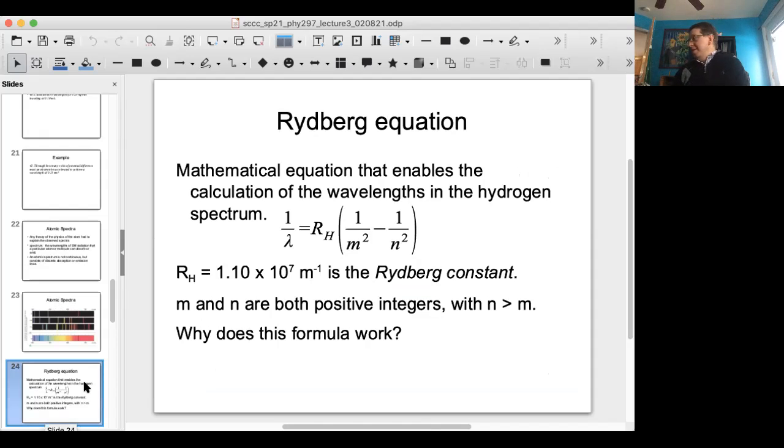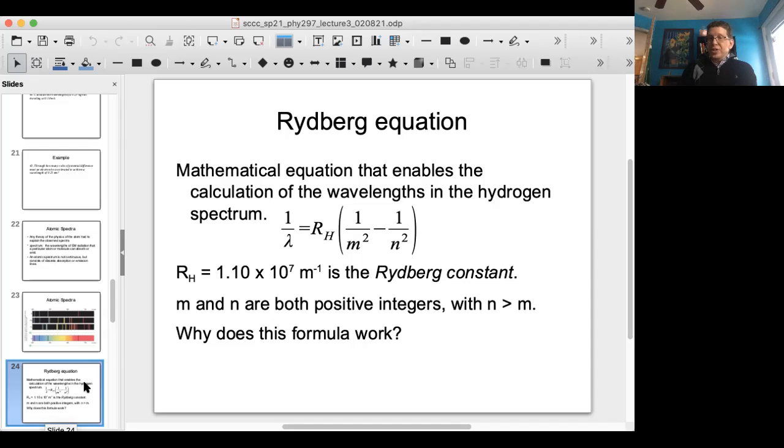So the first step to coming up with an explanation came from Rydberg. He saw a mathematical pattern in the wavelengths of radiation of the hydrogen atom. So 1 over lambda equals a constant that became called the Rydberg constant, multiplied by 1 over m squared minus 1 over n squared, where m and n are integers.